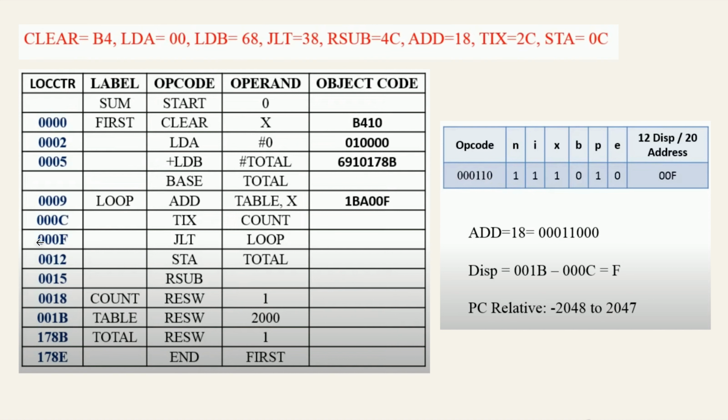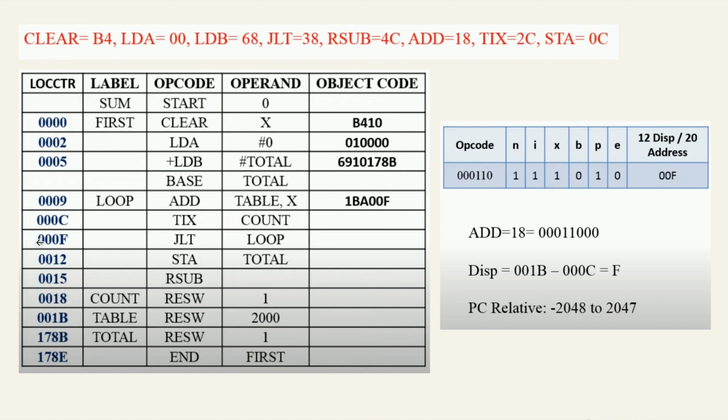This is 1, 8, 9, 10, 11. 11 means B. This is 8, 9, 10. A. 0, 0, C. So clearly the object code for this statement is 1BA00C.